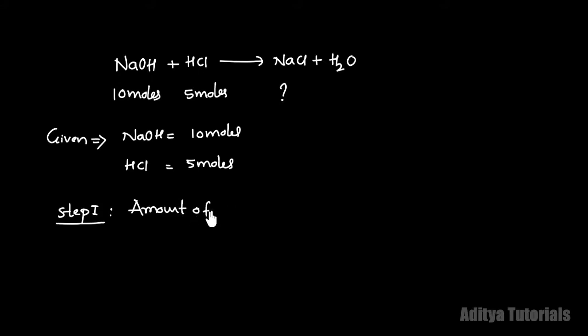Or either you can calculate the amount of NaOH required. So given here 10 moles of NaOH and 5 moles of HCl, but actually this reaction is mole to mole reaction, meaning 1 mole of NaOH completely reacts with the 1 mole of HCl.